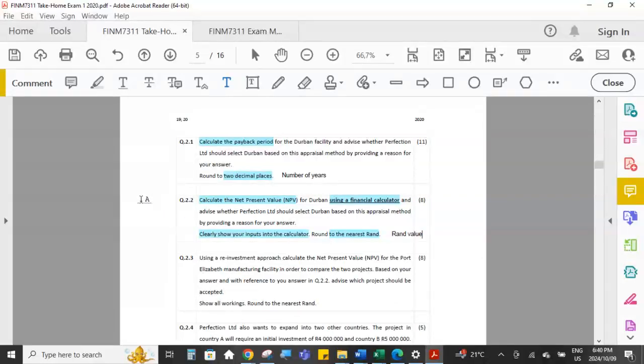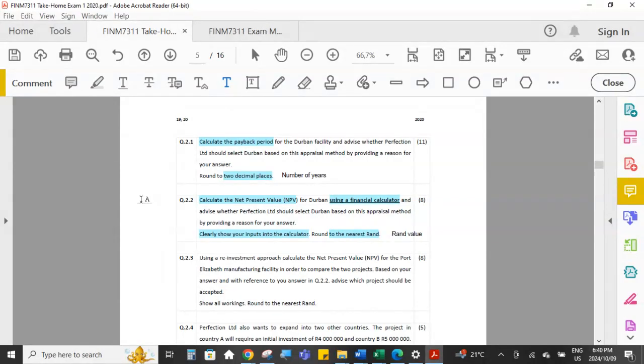So if you remember from learning unit 2, all our different time value of money calculations, we had the future and present value of a mixed stream of cash flows. So for instance, in example 2.10 in learning unit 2, if you go there and have a look, that is the exact method that we are using for the net present value calculation.